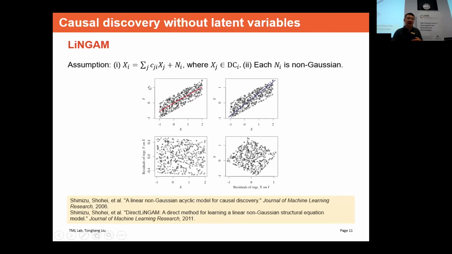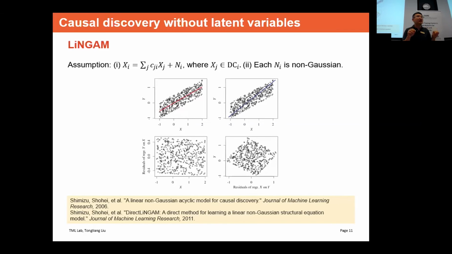If we regress x and y, the residue contains the information of the noise, and it is also dependent on the target y, but only when the noise is non-Gaussian.